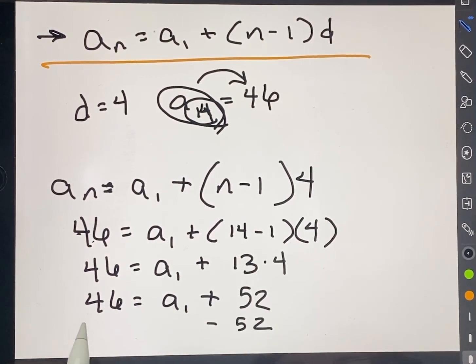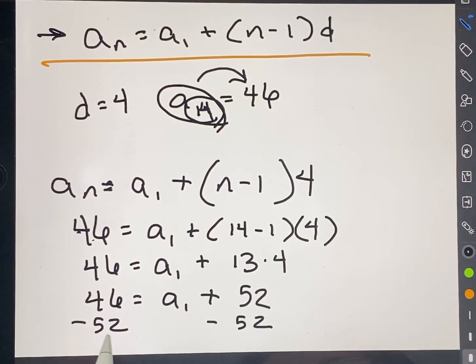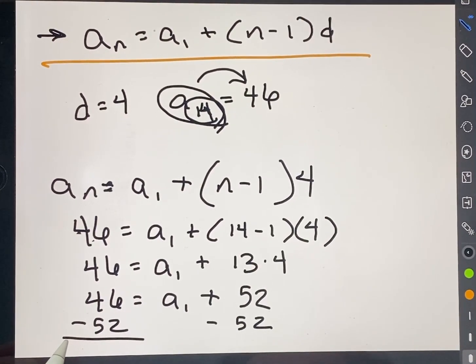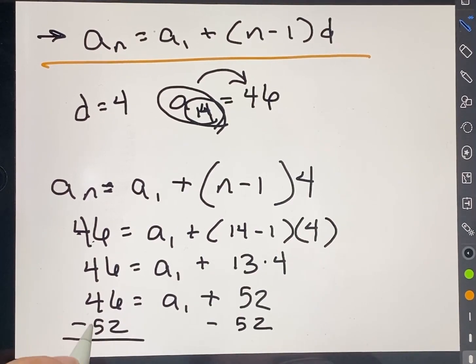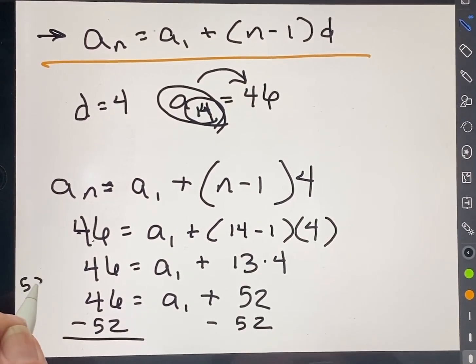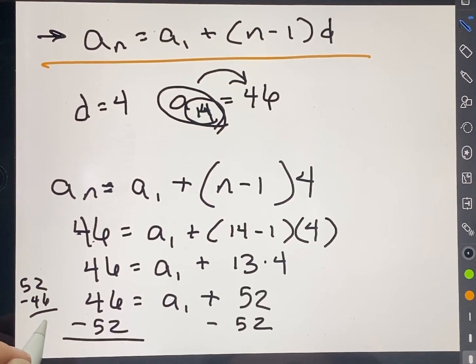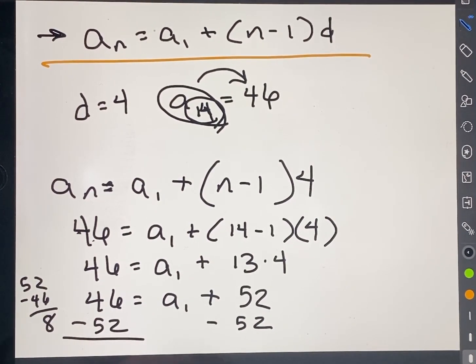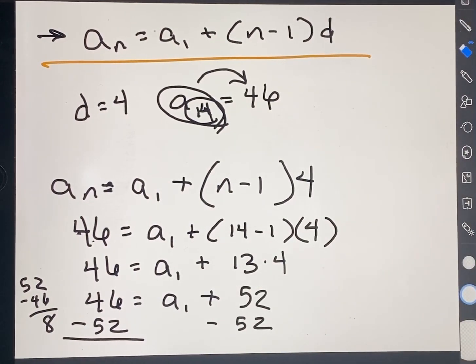So when we change sides, we change signs. It's also the same as subtracting. And we're going to end up with the difference. Let's do 52 minus 46 gives us 6 in that case. All right.